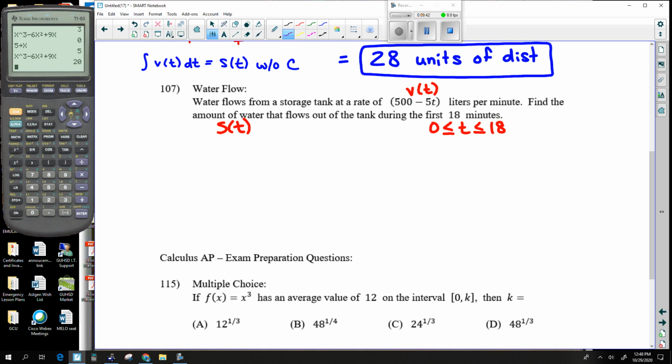All right, so they want to know what is the net change in the amount of water. And again, to get a net change, you take an integral of its rate. So we're taking the integral from 0 to 18 of the rate.